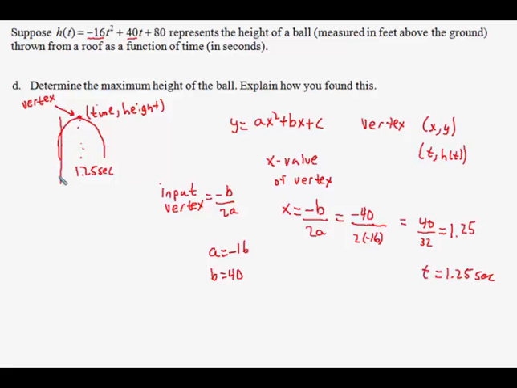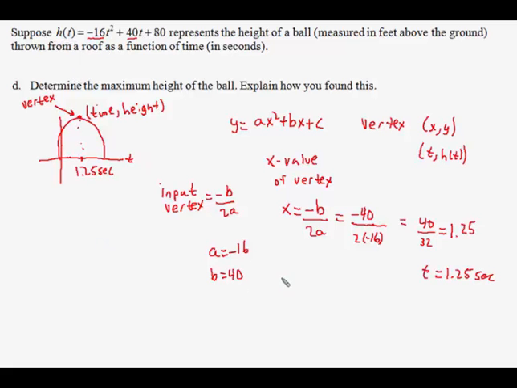So if you wanted to put some coordinate axes, this would be my time. And now I'd have to figure out what is that maximum height. But now that I know the time it reaches its maximum height, I need only replace the t values in the original equation with 1.25, and that'll tell me the height of the ball at that time.